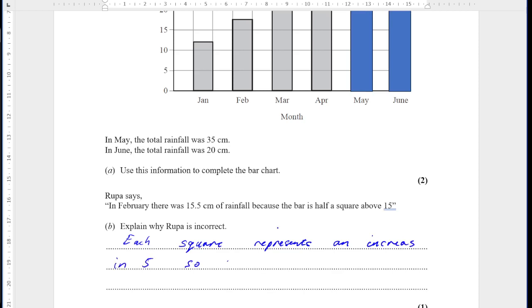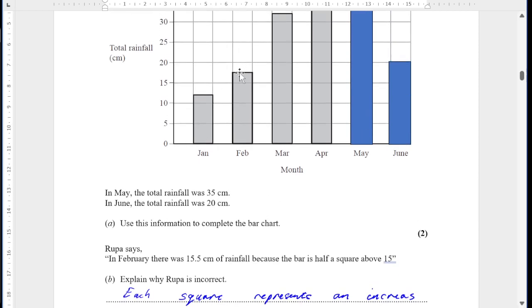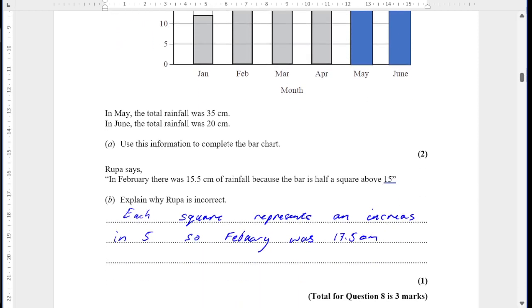So February was 17.5. Let's just double check that. February, halfway between 15 and 20 would be 17.5.